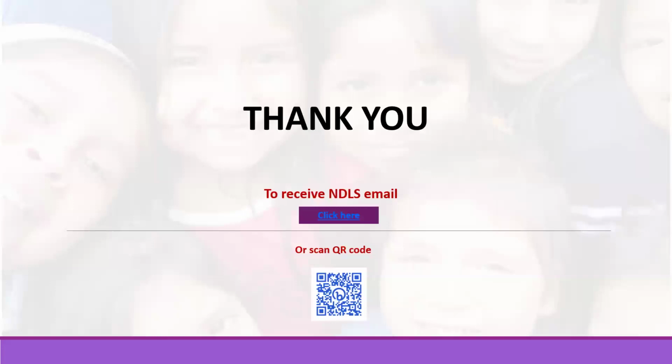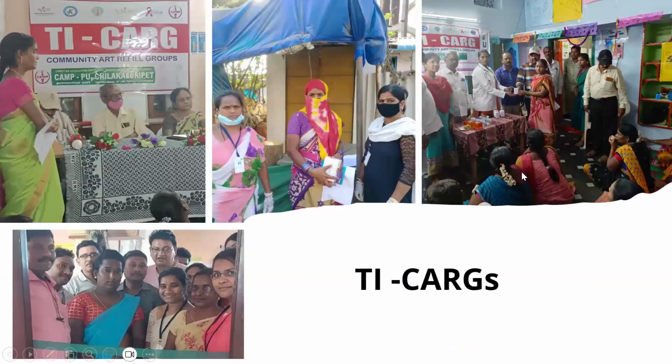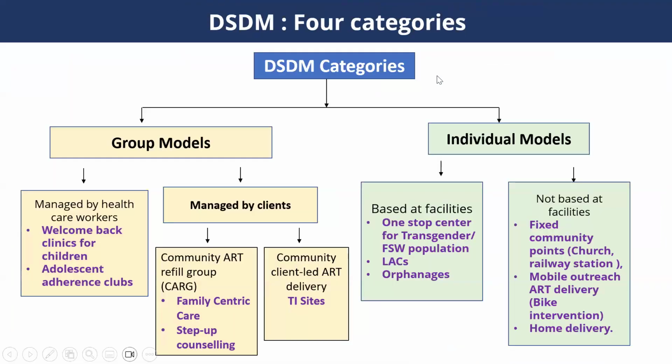Okay, thank you. So these CARGs were tried in states. We have done 3 different types of CARGs. As I told you, I'll show you this slide so that you understand the different models and how successful they are. For example, in the group models, you just have to identify the group of patients.